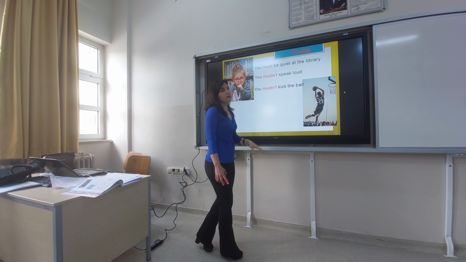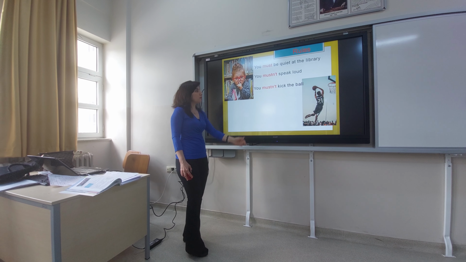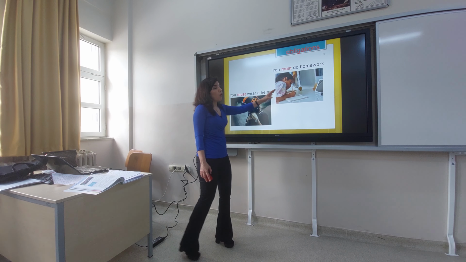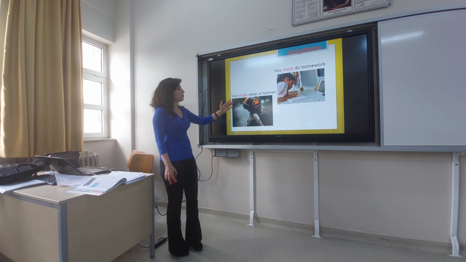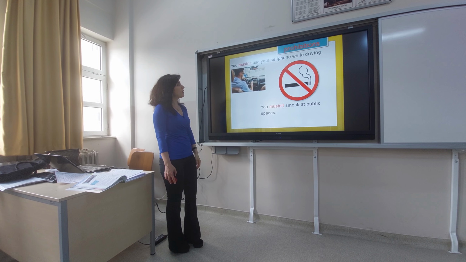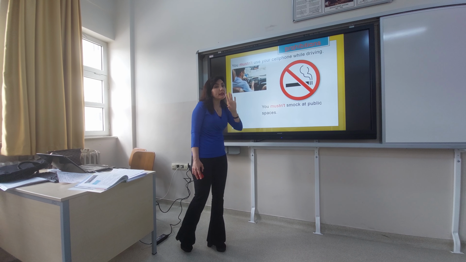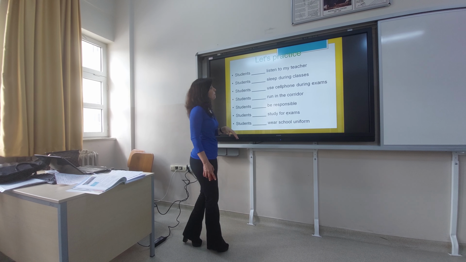You mustn't speak loud. You mustn't kick the ball. Obligations: you must do homework. You must wear a helmet. Prohibitions: you mustn't use your cell phone while driving. You mustn't smoke in public spaces.